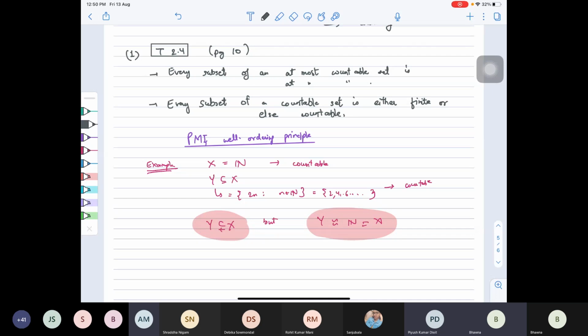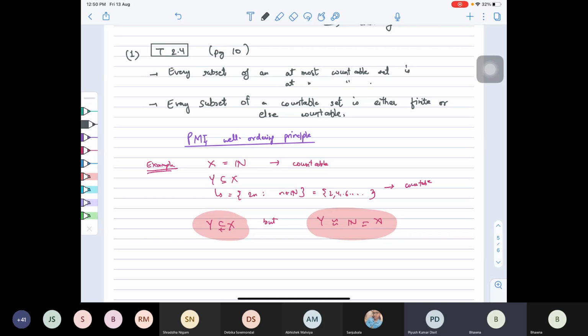First of all, Piyush, we have not defined anything like cardinality now. To say that it is countable, we say that there is a bijection from N to the set. But this is not true for finite sets. If x is finite, then the subset is finite, and it is not true.